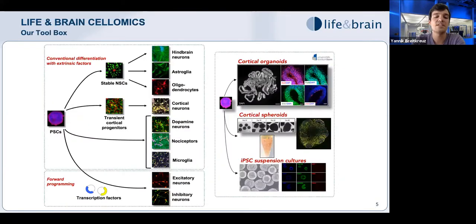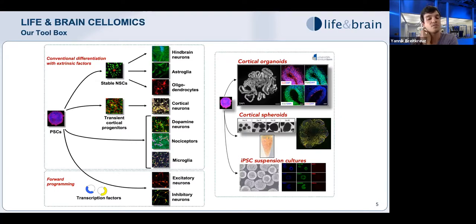So on this slide, you can see an overview of our cell portfolio. Started from iPS cells, we can produce on the one hand cortical neurons, for example, dopaminergic neurons, as well as astroglia or microglia cells via conventional 2D differentiation.